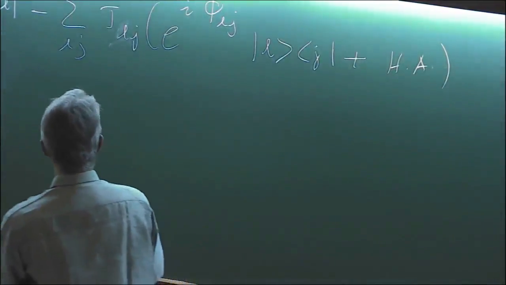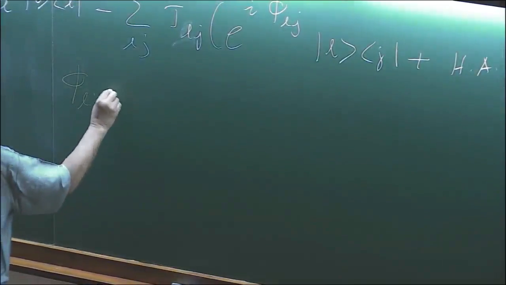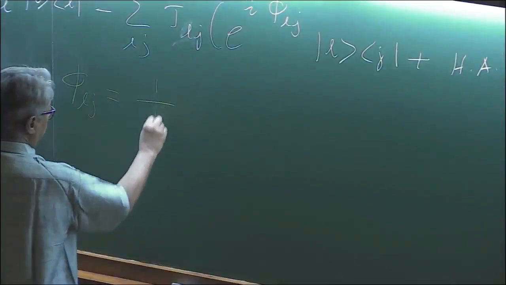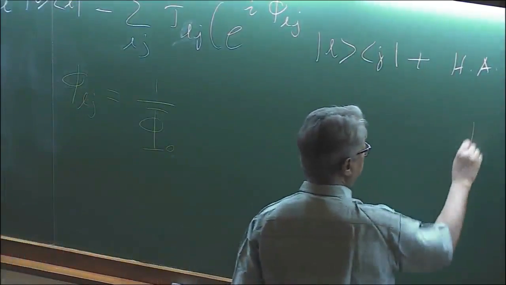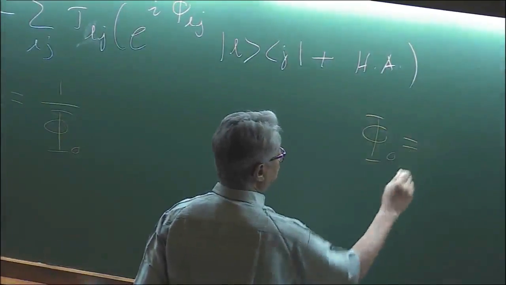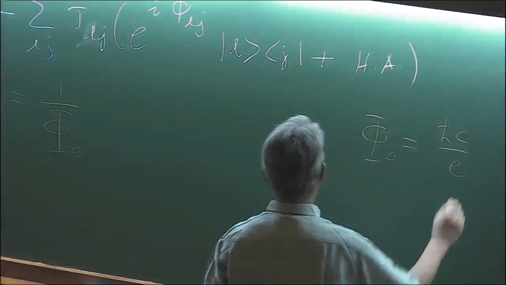So what is this phase phi_LJ? Phi_LJ, you have it divided by the quantum magnetic flux, which occurs elsewhere, for instance, quantum Hall effect.